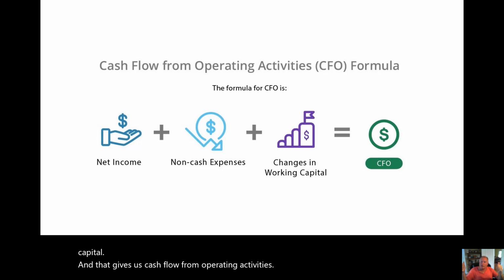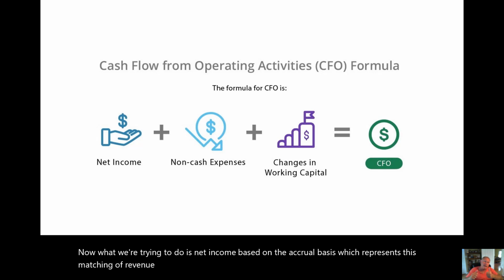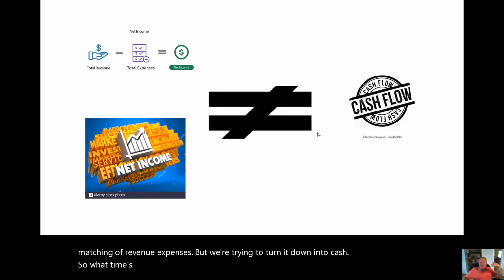Now, net income is based on the accrual basis, which represents this matching of revenue and expenses. But we're trying to turn it down into cash. So a lot of times net income doesn't equal cash flow. Okay?